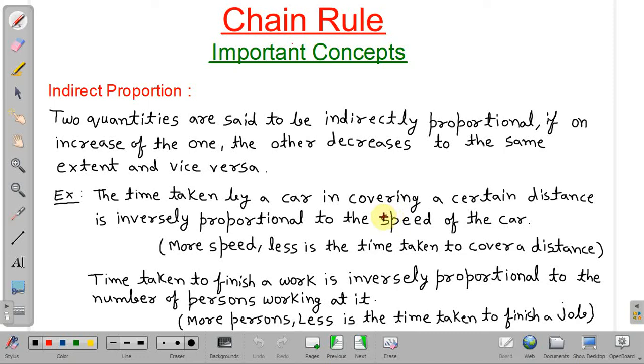As distance is the same, time is inversely proportional to speed. Similarly, time taken to finish a work is inversely proportional to the number of persons working on it. When more people are working on the same work, it will be completed earlier. So more persons, less time taken to finish a job.